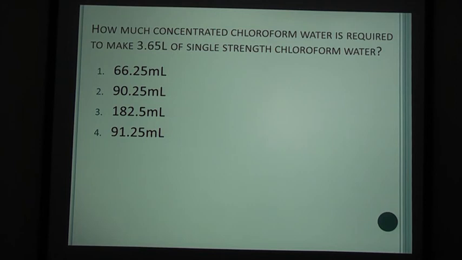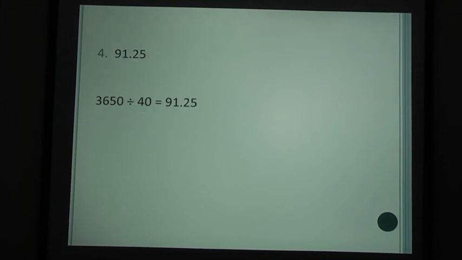Okay, so here remembering the relationship is the 1 in 40. So going from concentrated to single strength, you divide by 40. Again, doing the maths correct should get you 91.25.